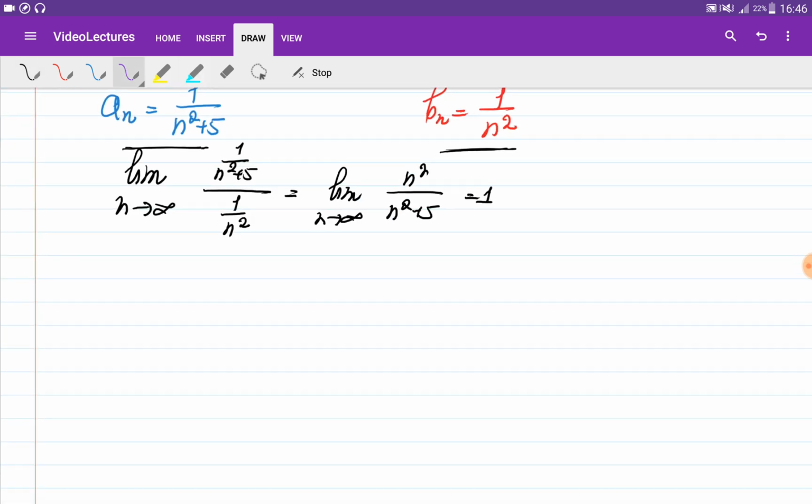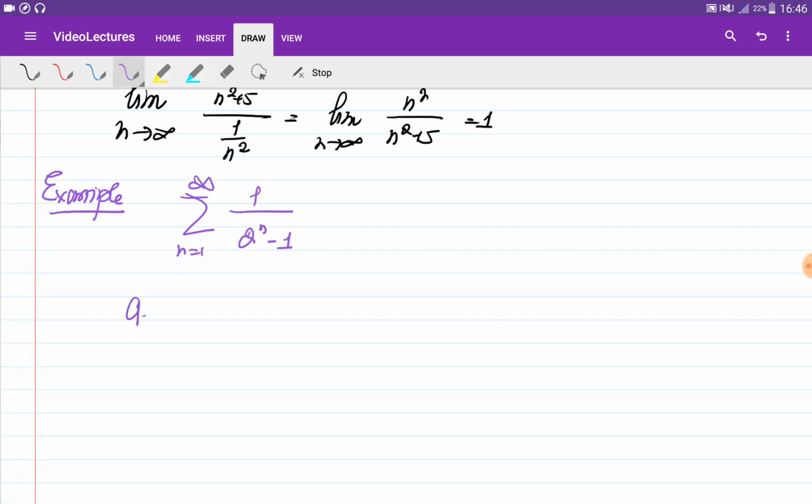So let us consider another example. For example, I would like to test for the convergence of the series 2^n minus 1, n goes from 1 to infinity. I would like to denote this as a_n, which is going to be 1 over 2^n minus 1, and our b_n can be denoted as 1 over 2^n.